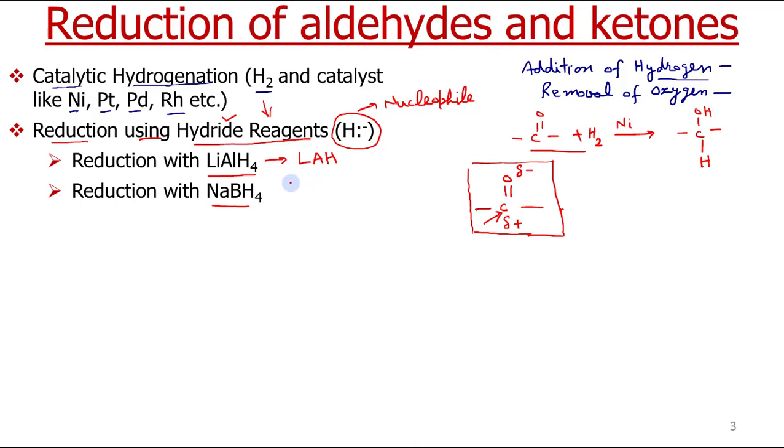This is sodium borohydride. These are the two most commonly used hydride donors in reactions where we have to use hydride ion.